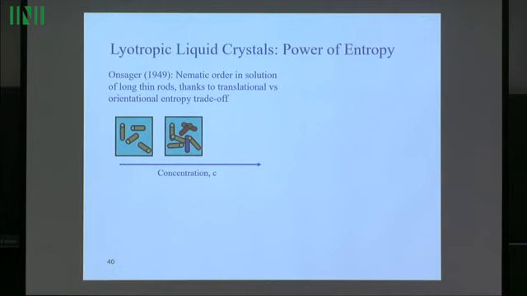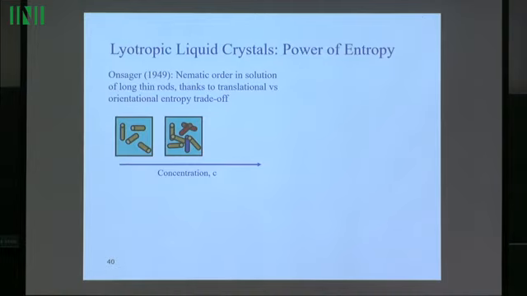The type of liquid crystals that these chromonics form are of the so-called lyotropic type. I'll just remind you that the very first successful model of liquid crystals was developed by Onsager for this type of system, in which you have some anisometric rods or disks dispersed in a water environment.